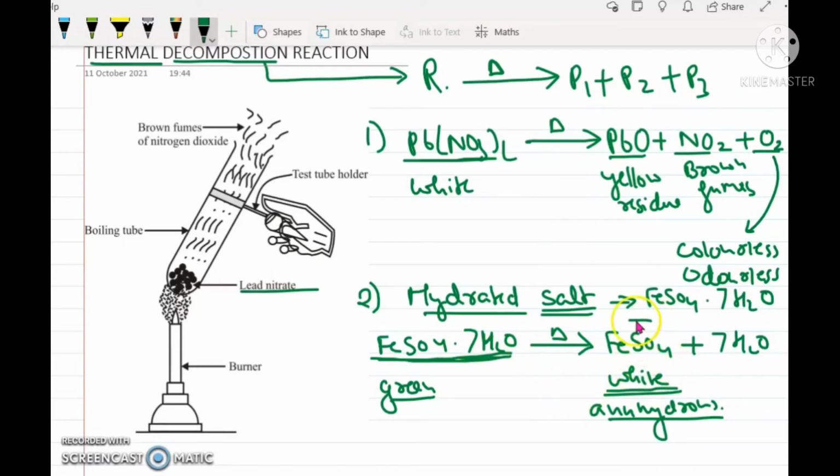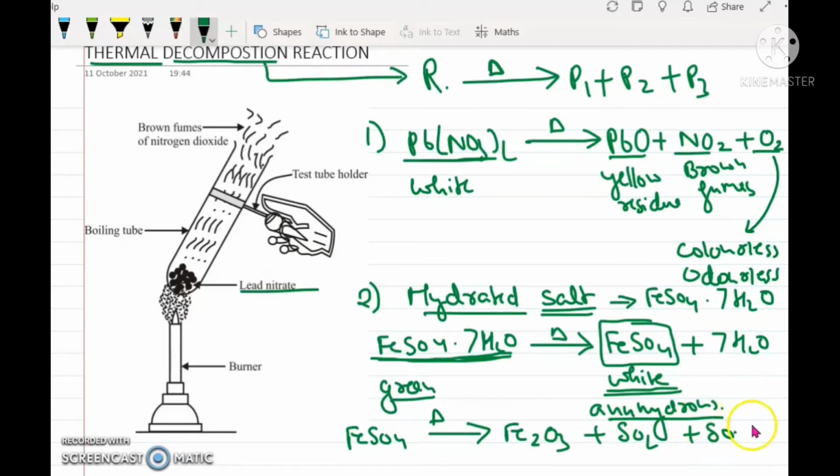Now, once you have this white color solid and you take it in a test tube and heat it again, what do you observe? We observe that this white color solid, when heated, gives rise to Fe2O3, and SO2 and SO3 gases are liberated. How will you identify Fe2O3?